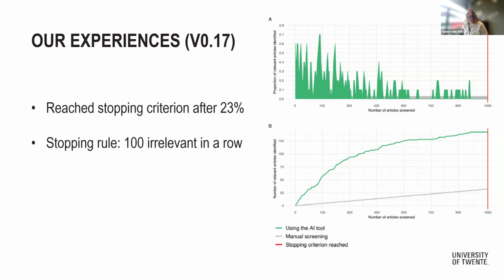We reached our stopping criterion, which was 100 consecutive irrelevant articles, after screening 23%. So we also saved about three quarters of our time during the title and abstract screening phase. Our experience was very positive with this software.